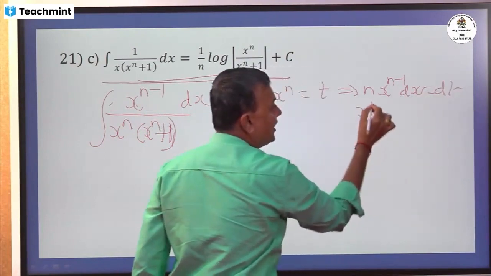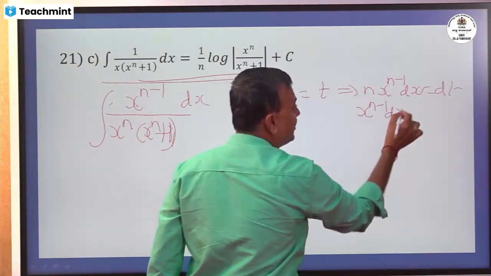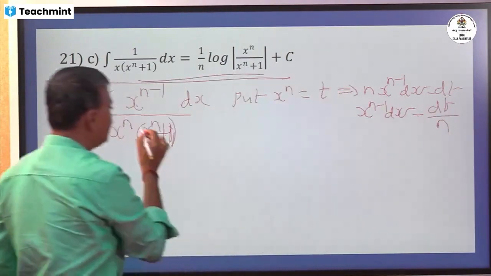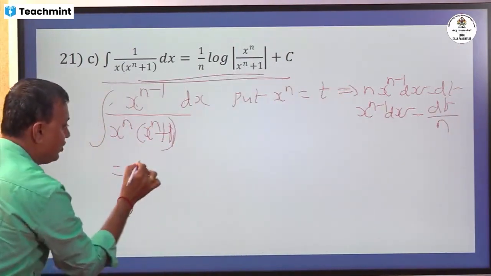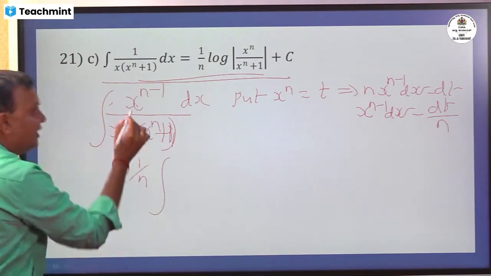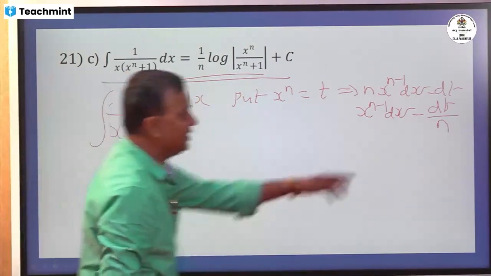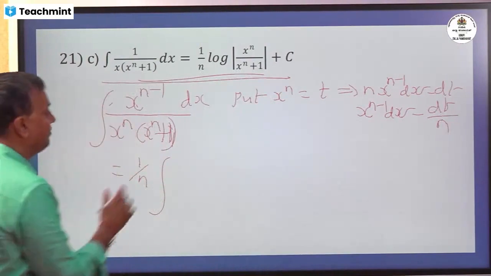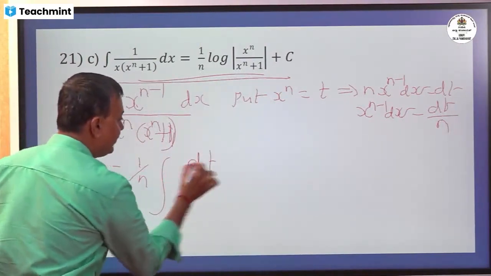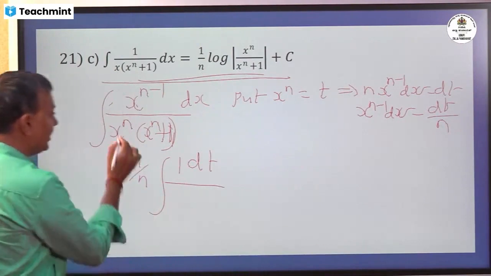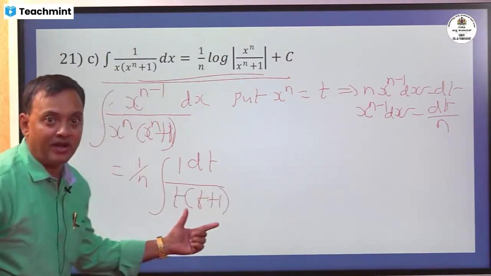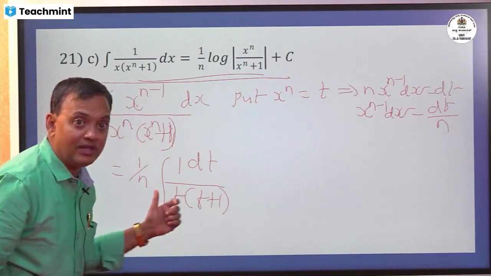But in the numerator only x power n minus 1 dx becomes dt by n. So this given integral becomes 1 by n, correct? x power n minus 1 dx is dt by n. 1 by n is a constant, put it outside the integration symbol. Then dt, 1 by t into t plus 1. So in the denominator is a product of two linear factors.